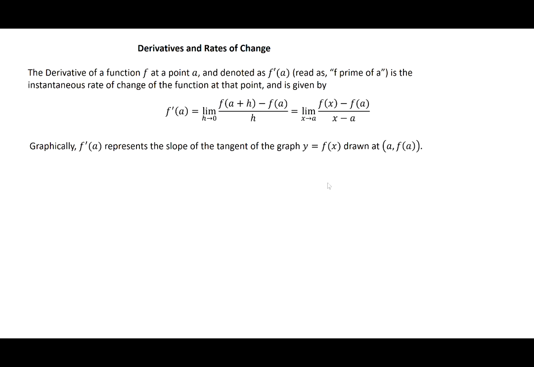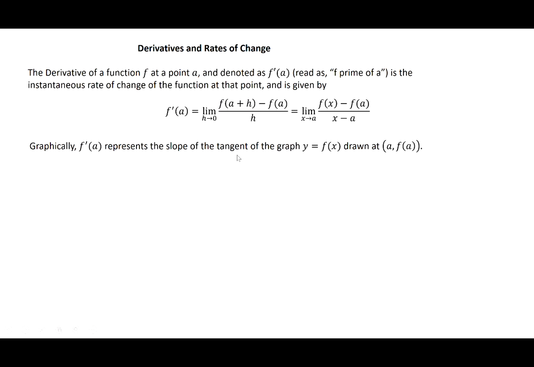Graphically, f prime of a represents the slope of the tangent to the graph y equals f of x drawn at the point a, f of a. Whoa, what is that? Graphically, what does f prime of a represent? It represents the slope of a tangent to a graph.